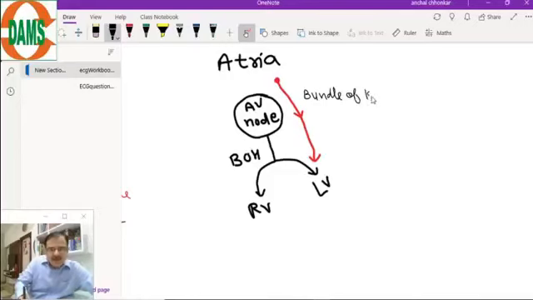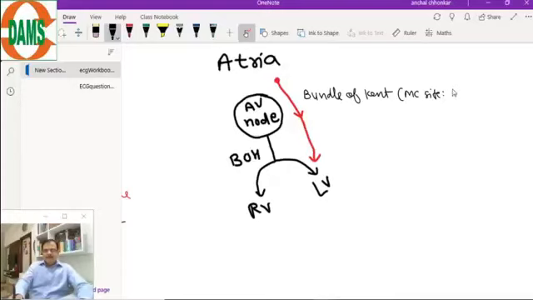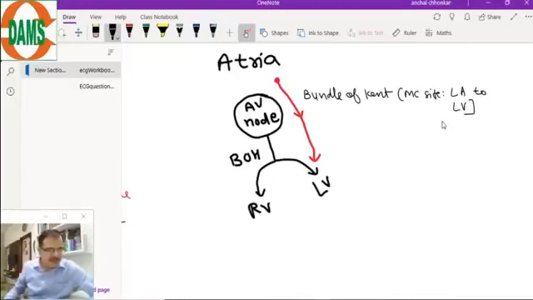The most common site of this bundle of Kent is left atrium to left ventricle. The bundle of His is also bypassed.